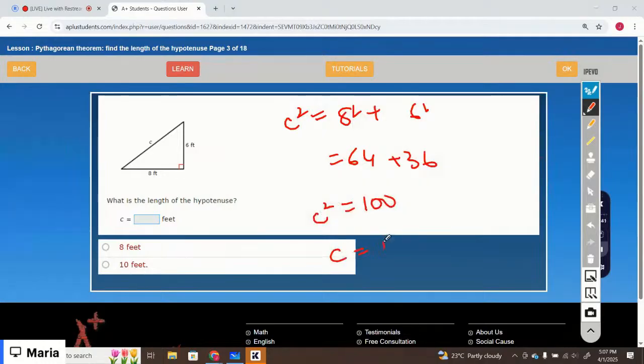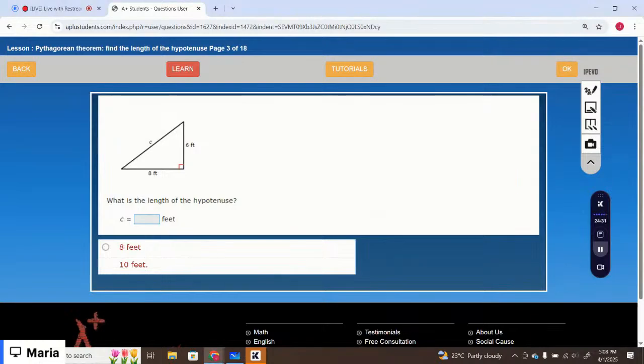That c square equals 100, so c equals 10. Option number 2 is the correct option, that is 10 feet.